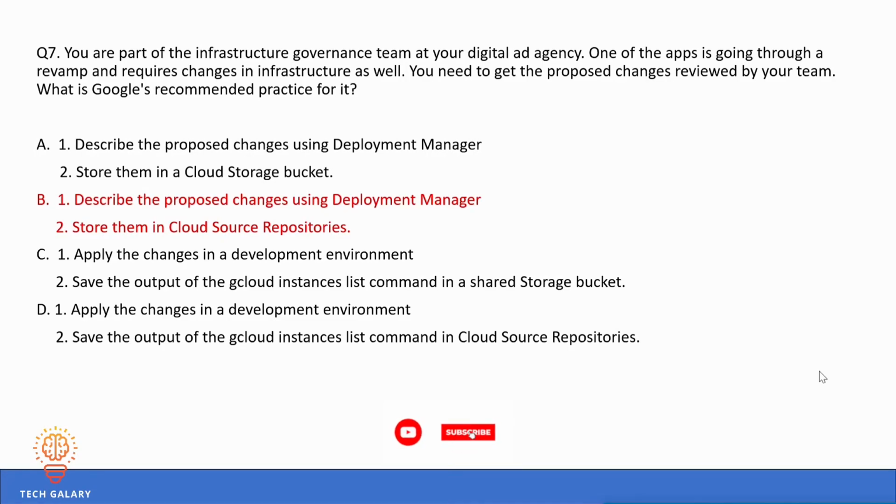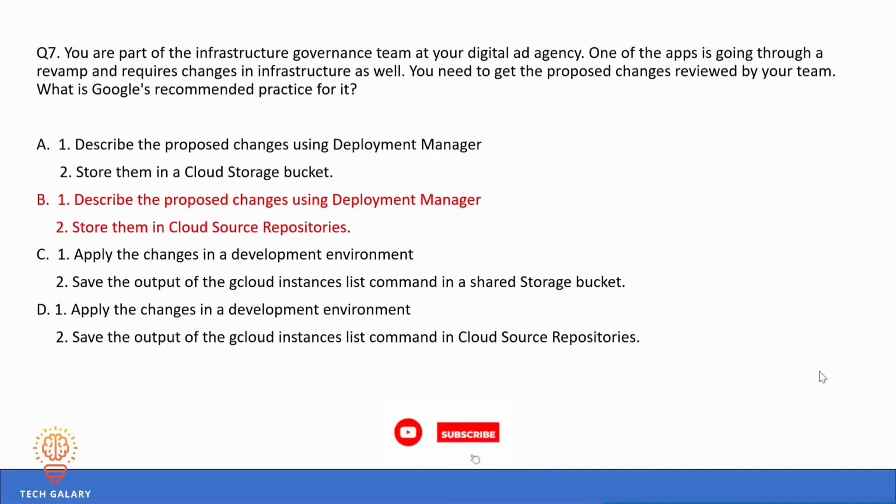Option B is correct because it aligns with Google's recommended best practices for managing infrastructure changes. By making use of deployment manager templates, we can define and describe the infrastructure changes in a declarative manner. And storing these templates in a cloud source repository also helps with collaboration among the team members, and it is a centralized location for managing the changes.